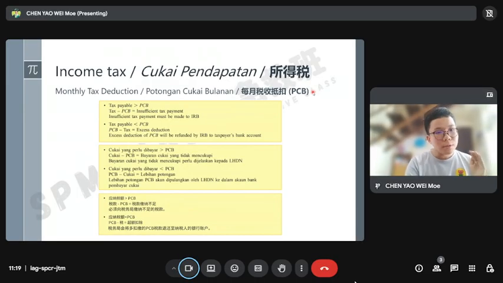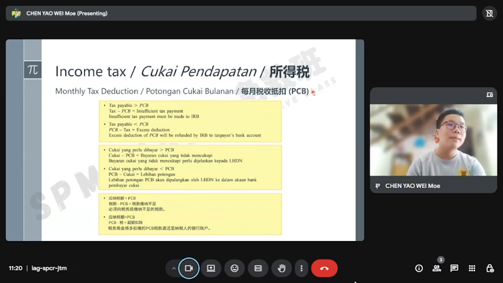So 300 times 12, I have 36,000. When I find out my income tax payable, if the PCB I paid can cover my tax payable, congratulations, the excess deduction will be refunded by IRB to our bank account.